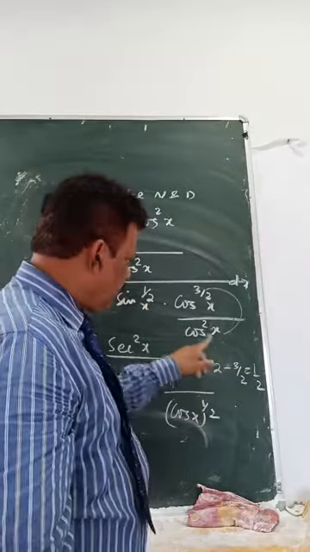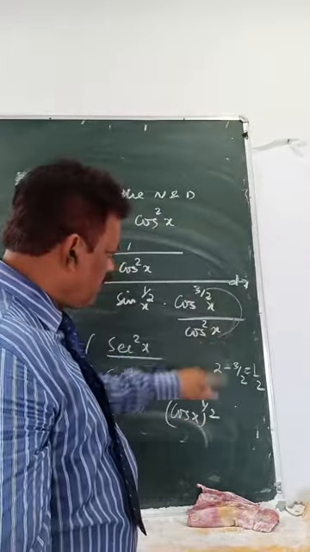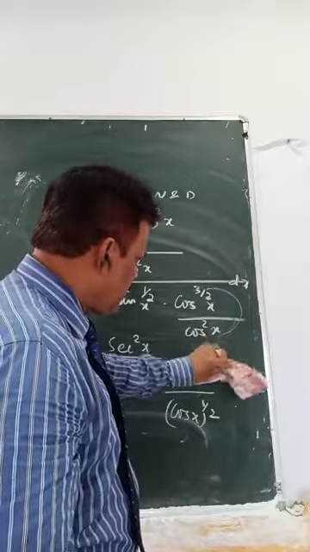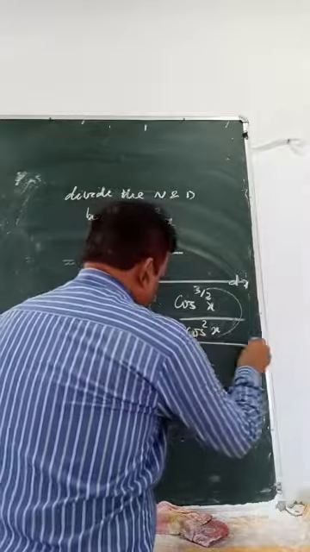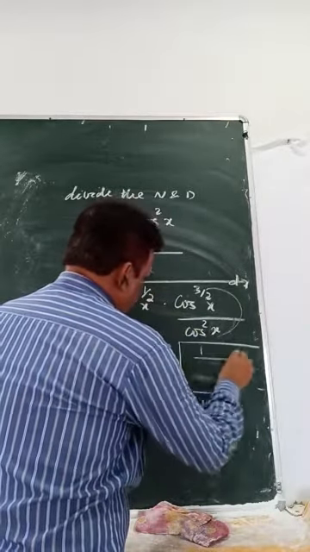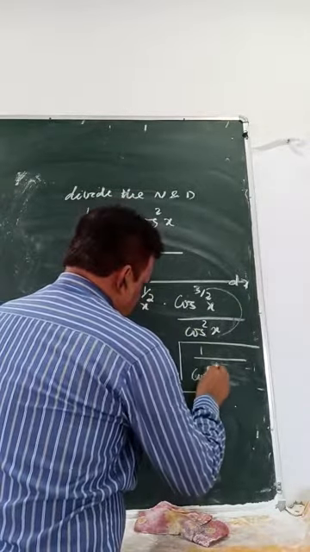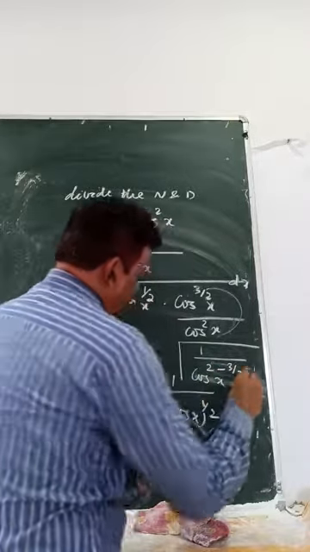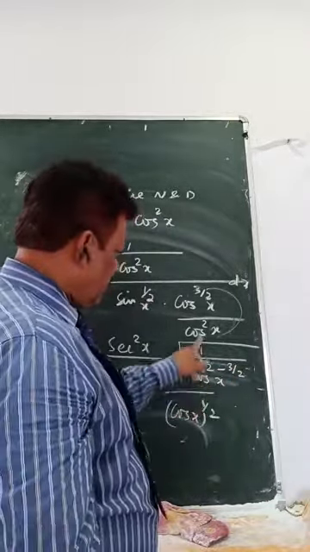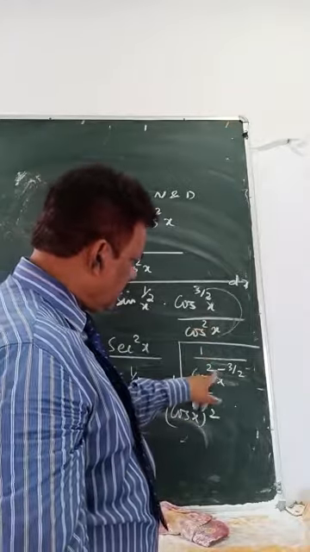Look here again, this power I have brought down. If you like, I can write here 1 by cos to the power 2 minus 3 by 2 x. Cos power 2 has come down, minus 3 by 2.